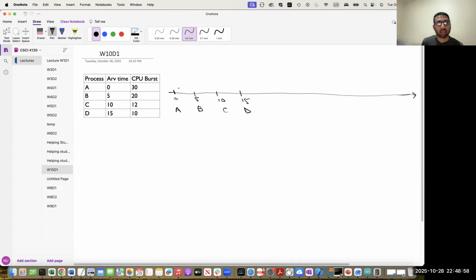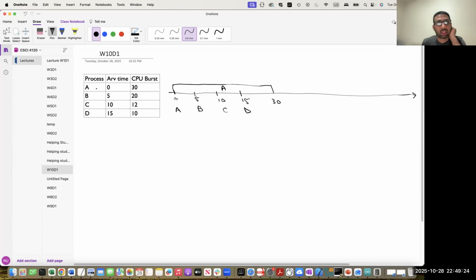At time 0, I don't have any other candidate, only A, and this is shortest job first. So I run A for 30 time units.